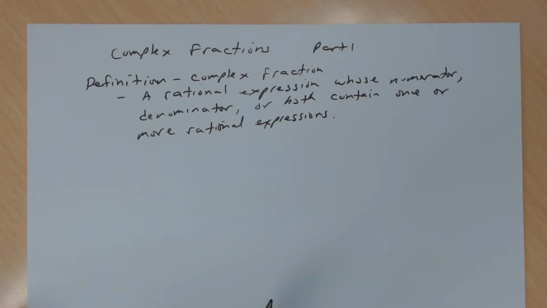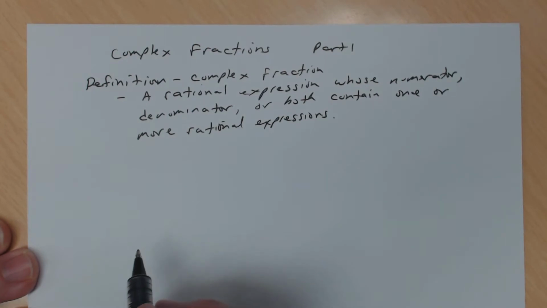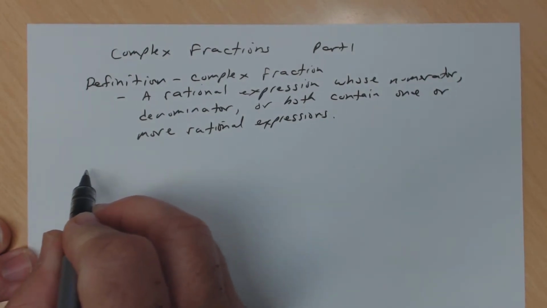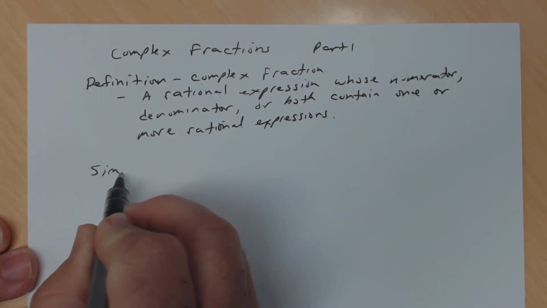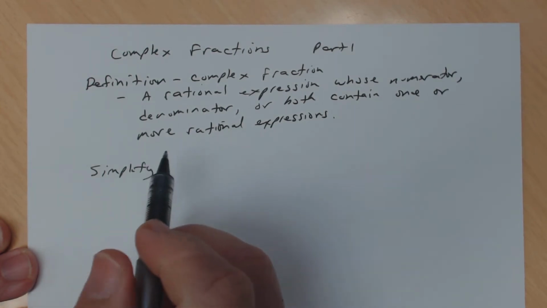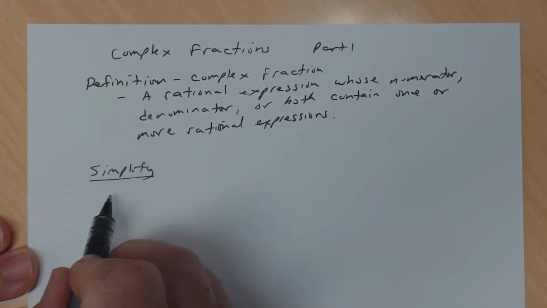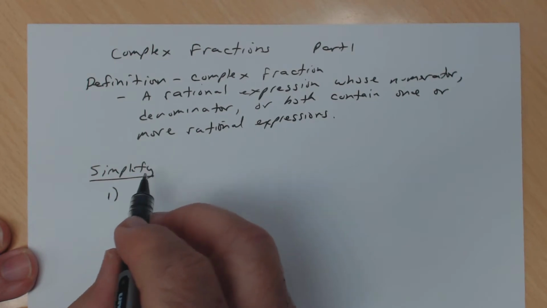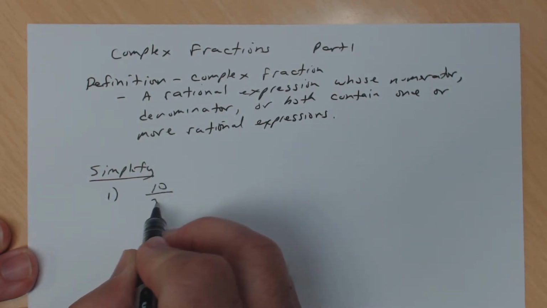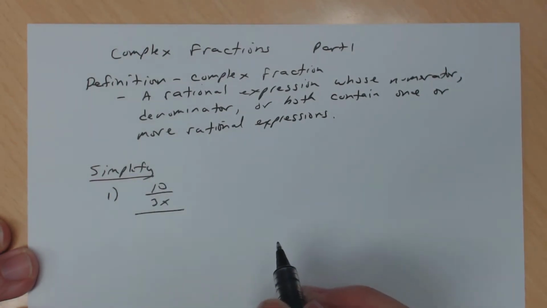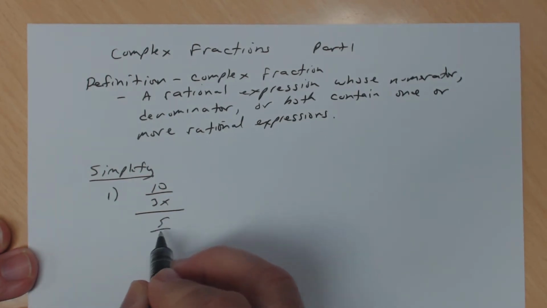Okay? So, for example, let's simplify. Let's look at the first one. So let's say we had 10 divided by 3x, divided by 5 divided by 6x.